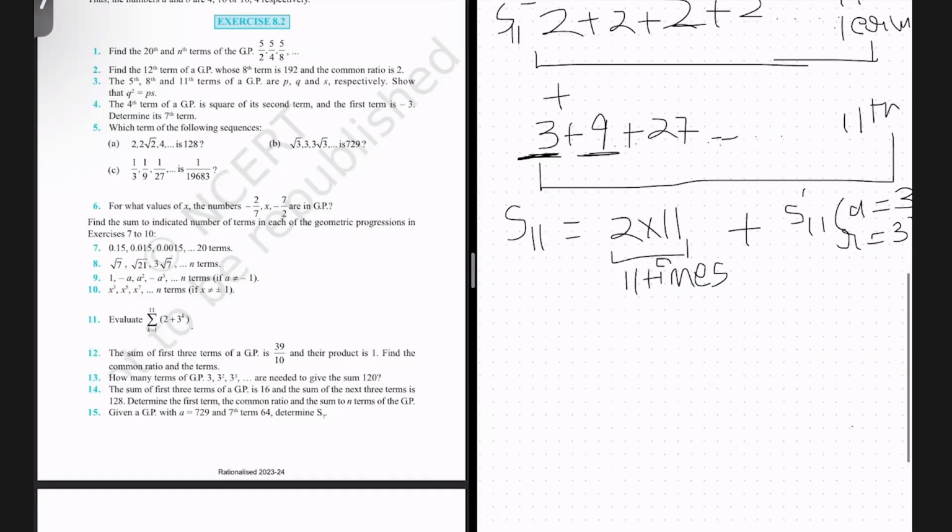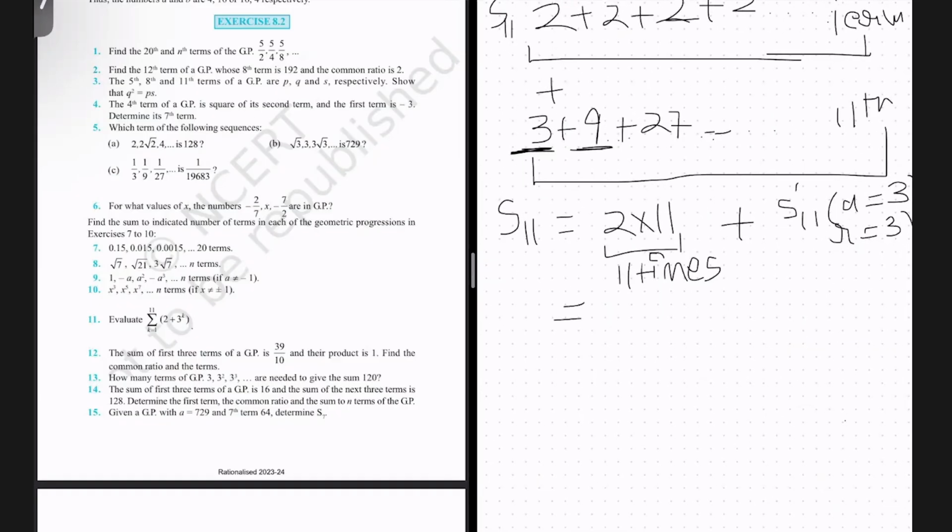So here you have 2 into 11, and that is nothing but 22. And for the first 11 terms of the GP, with the first term as 3 and the common ratio as also 3, you have A into 1 minus R raised to the power n upon 1 minus R. Now, because the common ratio is greater than 1, I'm going to reverse the sign in the numerator and denominator as well.